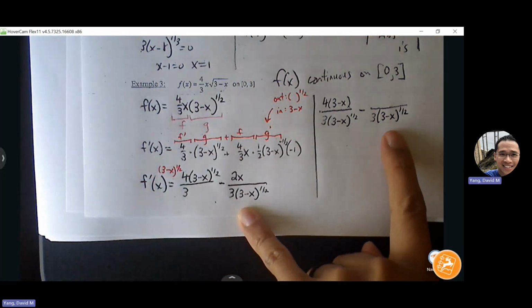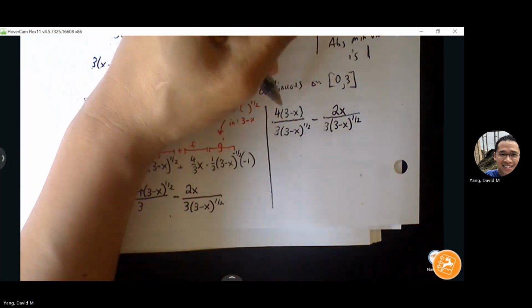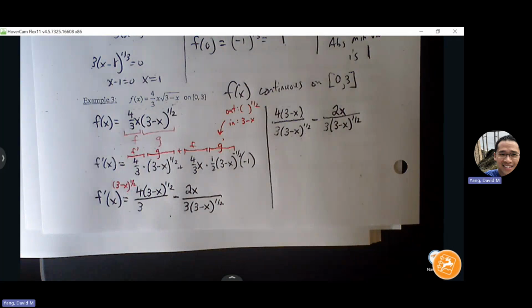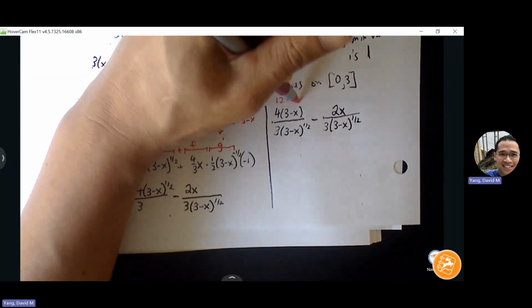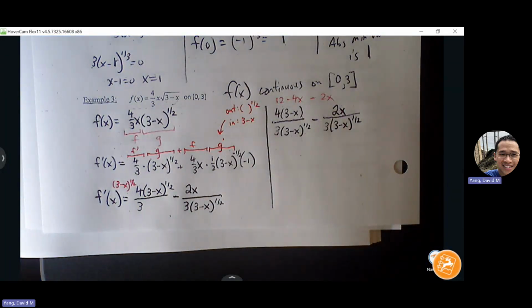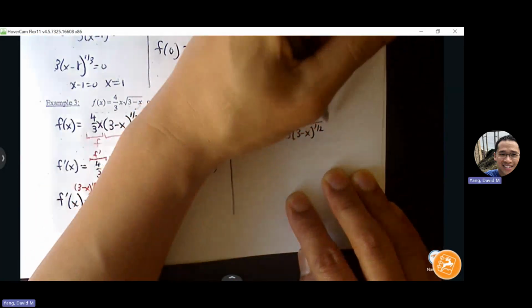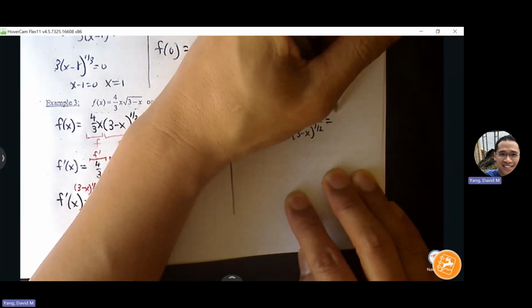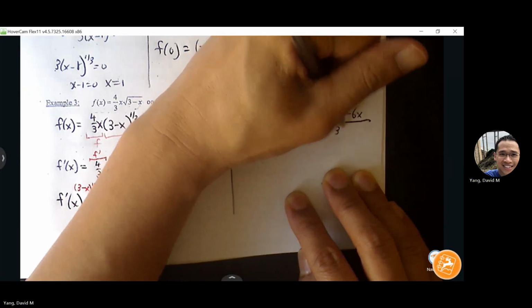This one has no changes, so I can just take the numerator as it is. So if I combine this together, distribute the 4 through, I get 12 minus 4x minus 2x. So that gives me 12 minus 6x. So here's my cleaned up derivative, so I can clearly see my numerator and denominator.